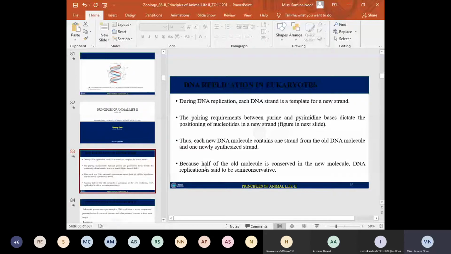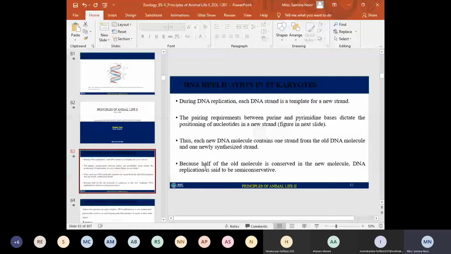Each DNA strand is a template for a new strand. In the process of DNA replication, the parental strands initiate the synthesis of a new strand. So the parental strand is known as the template for the synthesis of the new strand. The requirement of pairing between the purine and pyrimidine bases dictates the positioning of nucleotides in the new strands.